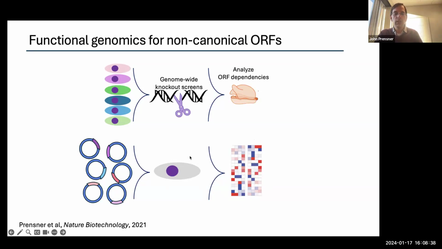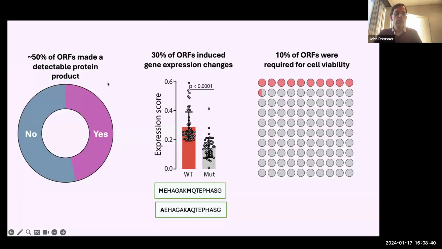And what we found is that a very large number of these cDNA products could actually make a detectable protein in the context of that exogenous cDNA ORF expression. This is not necessarily saying in a real human cell they really make a protein. It's just saying in the context of an experimental system of exogenous expression they could.